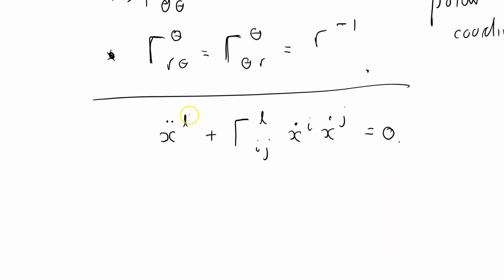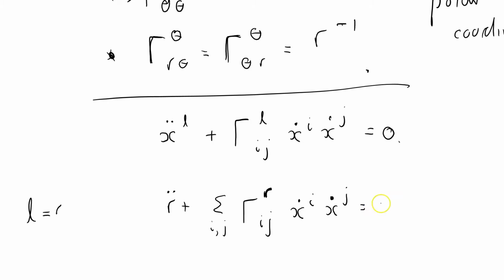So the l index is a free index, so I'm going to put l equals r first, and I get r double dot plus, and I'm committing a bit of a sin here because I'm mixing this index here, which is an r, and i and j are free. In fact, I'll actually write it in, plus sigma over i and j, and that equals 0.